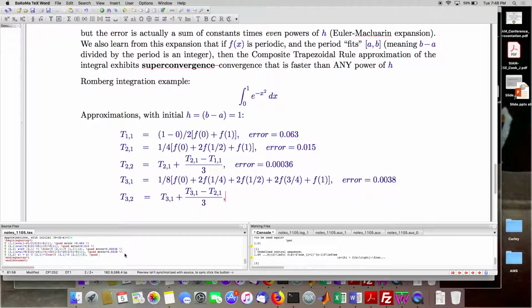So the error in this case, in 3,2, is, okay, if we compare the previous extrapolation, it's a much higher ratio of errors because it's 4th order accurate now.